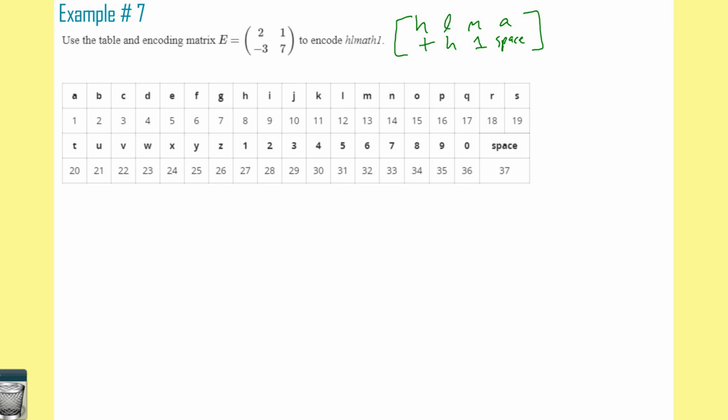I need to finish the thing out, so I could add a space. So we're going to change these to the proper numbers. H is 8, L is 12, M is 13, A is 1, T is 20, H is 8, 1 is 27, and space is 37.